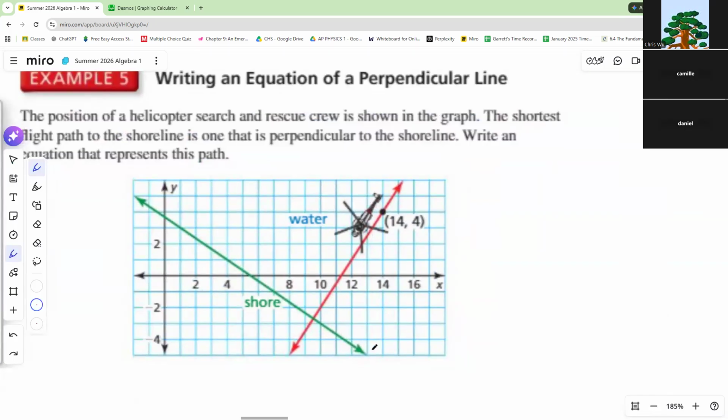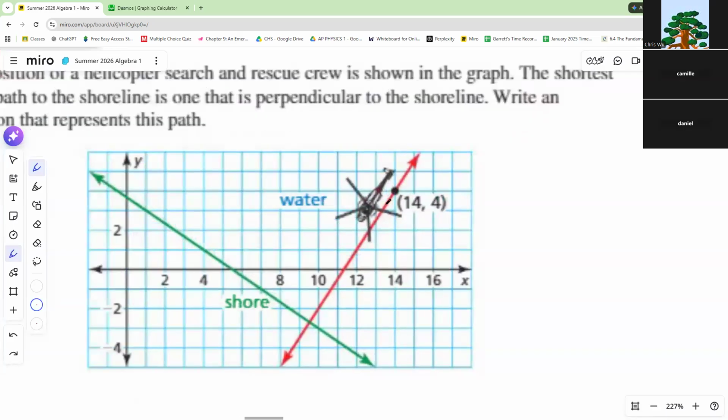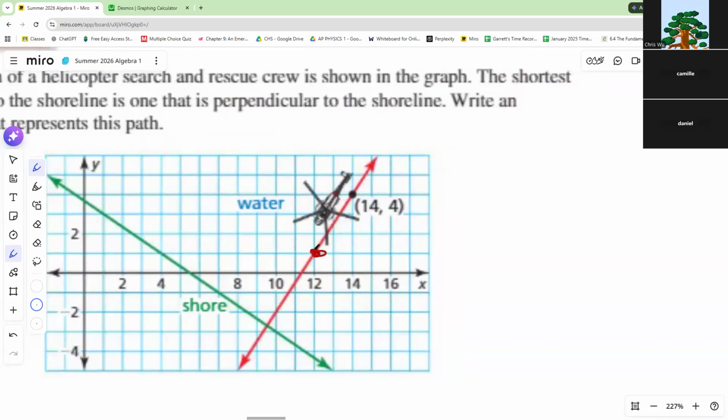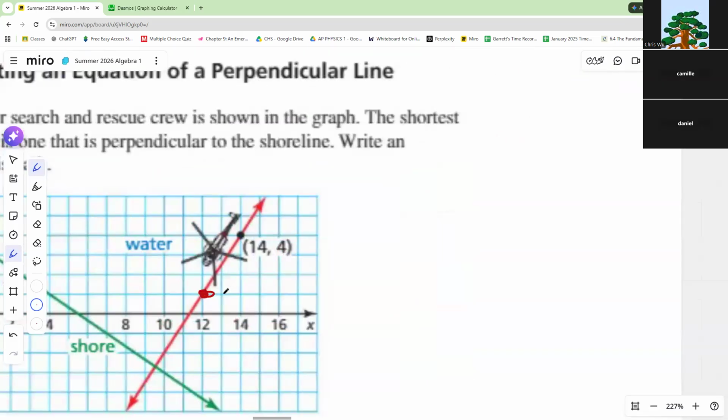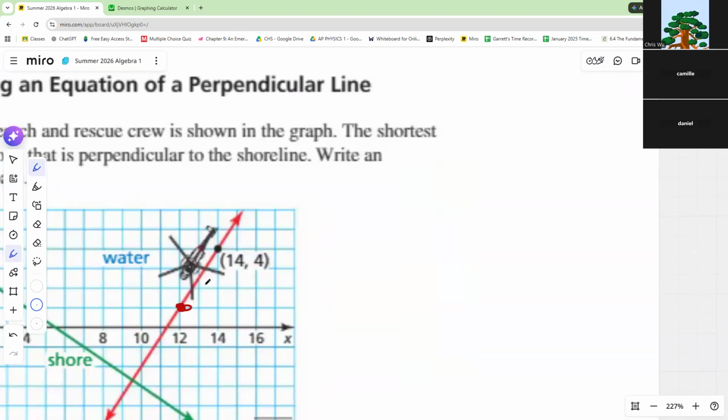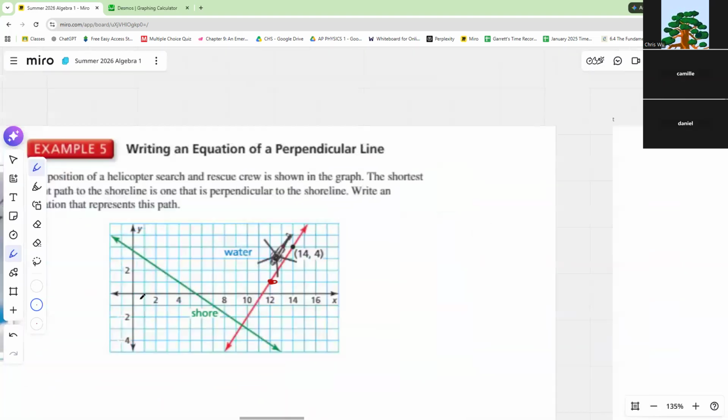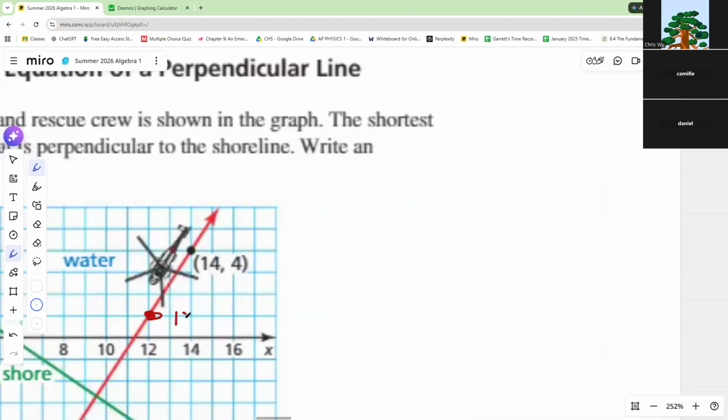But what is the equation for the shore or for this line? If I try to get the equation for this line directly, I might want to get a good whole number point. So maybe I could use this one, right? If I just do it directly, trying to get the slope, I can say maybe that's 12, 1. The slope between that will be 4 minus 1 over 14 minus 12, which will be 3 over 2, right?